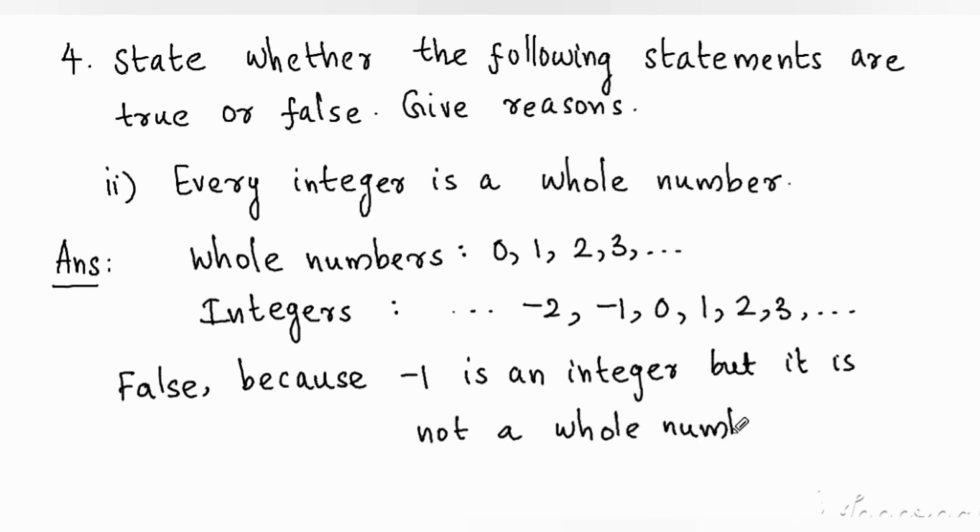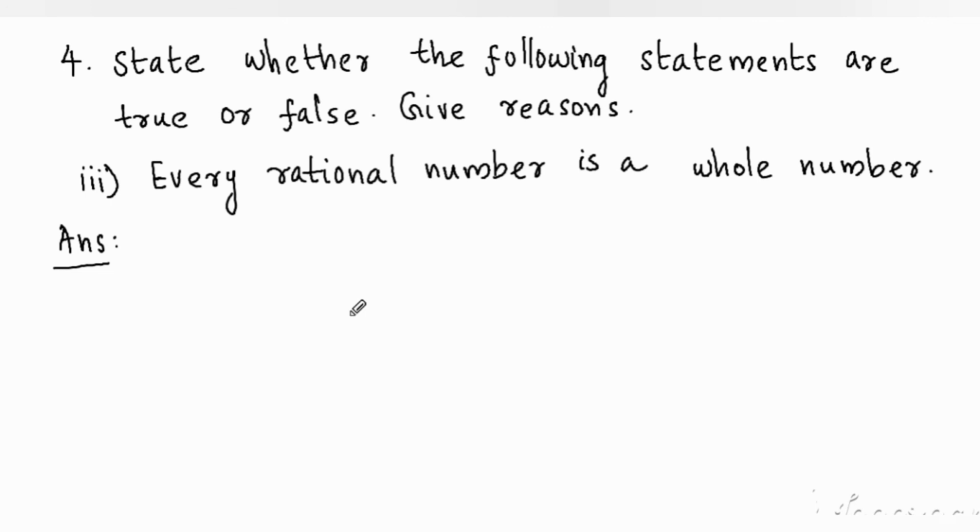Okay, then we can move on to the last statement. The last statement is every rational number is a whole number. Here also you can see that is a false statement, because whole numbers include 0, 1, 2, 3, etc., and rational numbers are a larger collection that contains integers and other numbers.